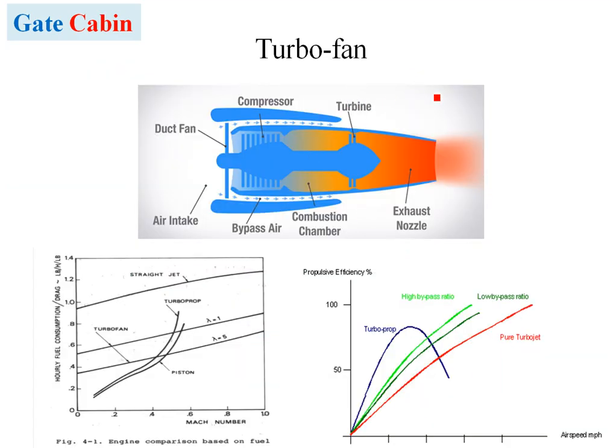Coming to the turbofan engine. A turbofan engine, like I told you, has an additional component which is a fan. A ducted fan is there. So in front of the inlet we place a big fan. The job of this fan is to rotate and allow a large amount of air to enter the engine or power plant.